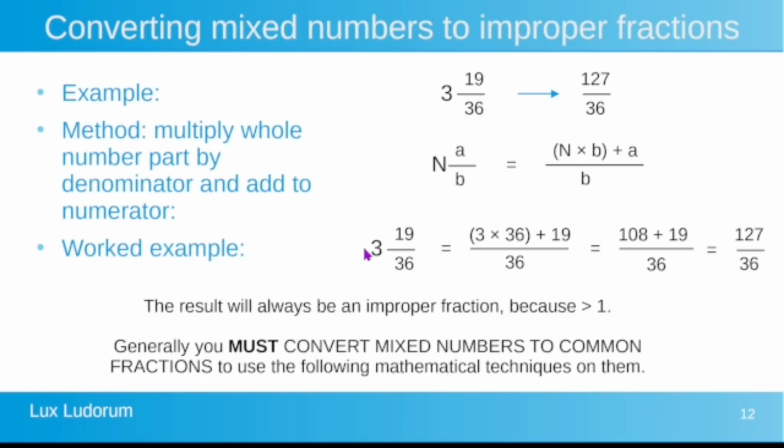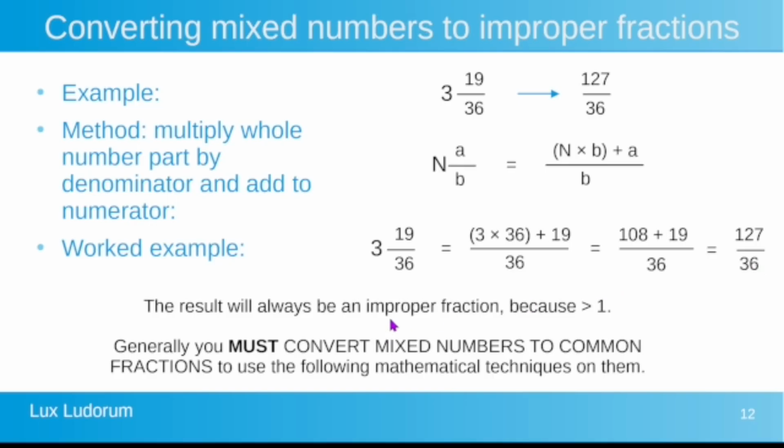Here's a worked example, 3 and 19 over 36. So we take the 3 times the 36, and we add what we had as the numerator before, that's 19, and it's all over the old denominator of 36. 3 36s are 108. We add the 19, that gives us 127, and it's all over denominator 36.